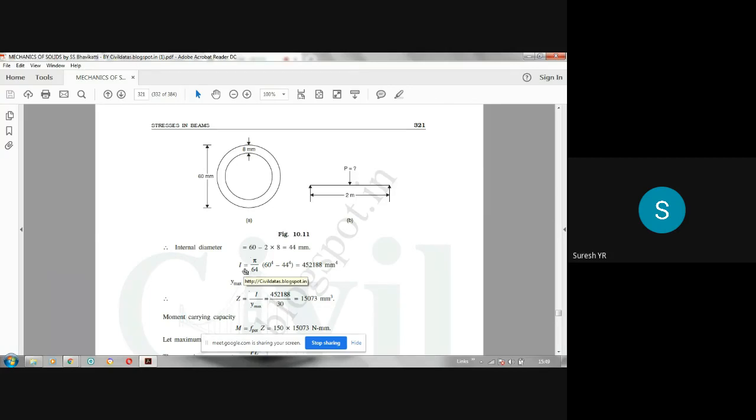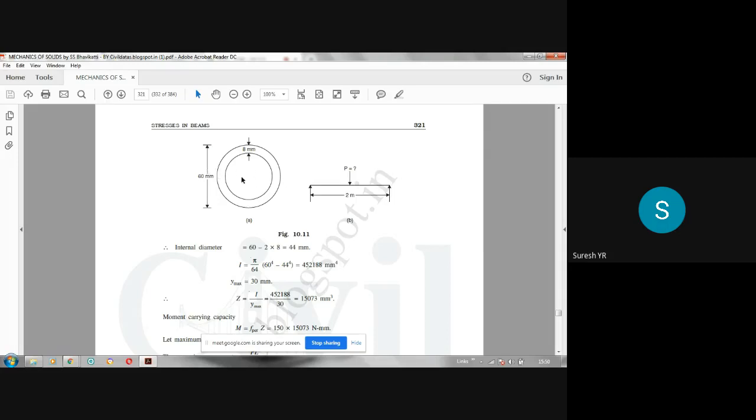For I, the formula is pi d power 4 by 64 for the bigger circle minus pi d power 4 by 64 for the smaller circle. Capital D is 60 and small d is 44 mm. If you use the formula, you will get this I value in millimeter power 4. Then Y max is 30 mm because the outer diameter is 60. The neutral axis will be here.